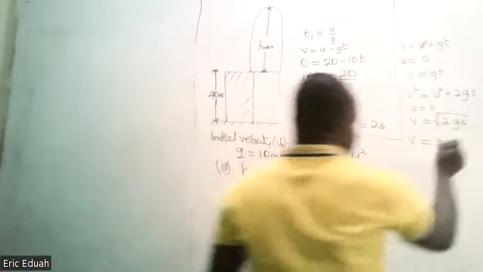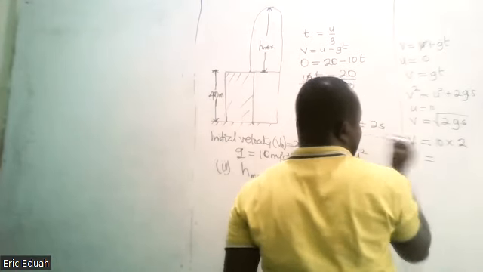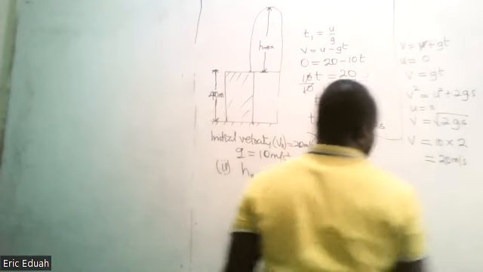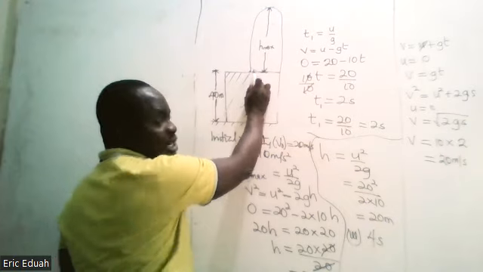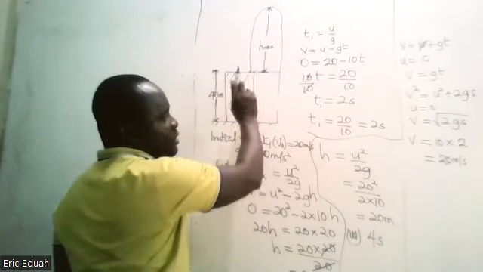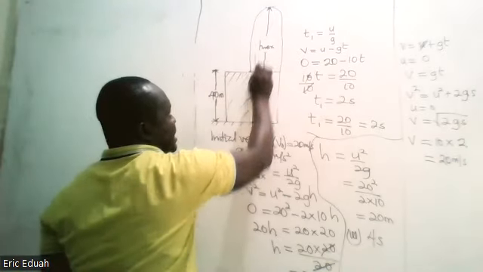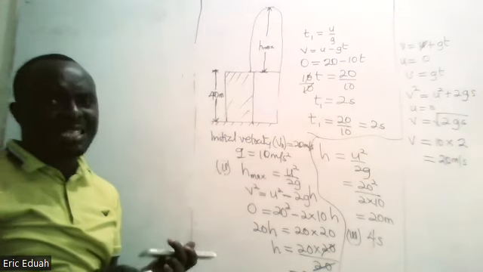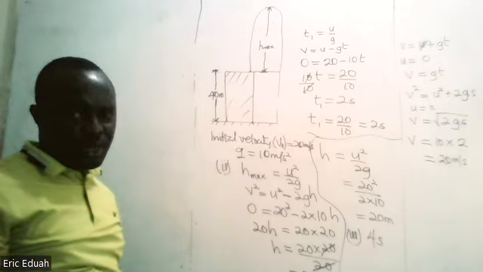So that's 2 seconds. Therefore, the velocity at that instant will be 20 meters per second. So it leaves the point of projection with the velocity of 20 meters per second. By the time it gets to the same point, it has the same velocity as when it was initially projected.